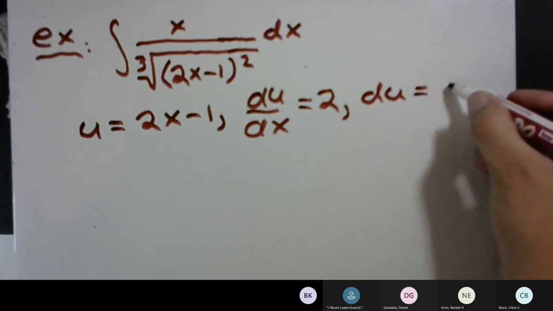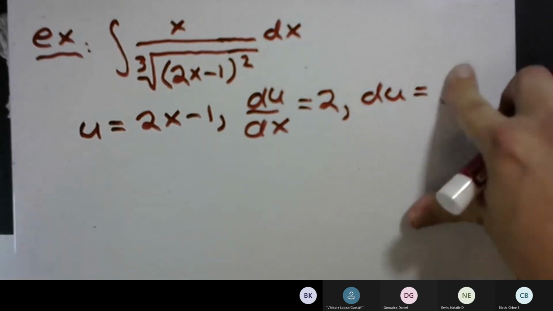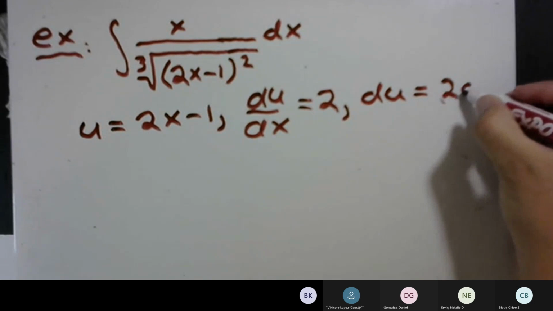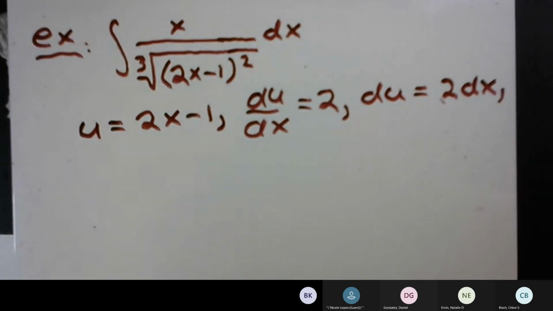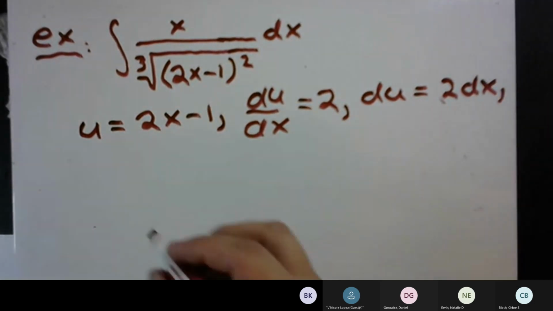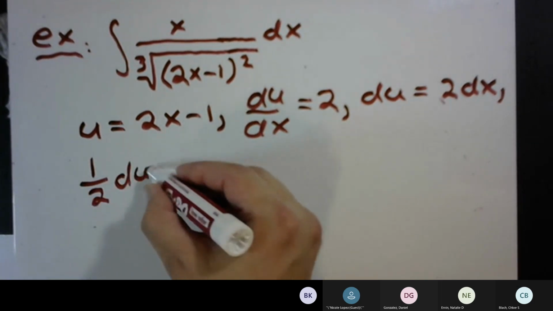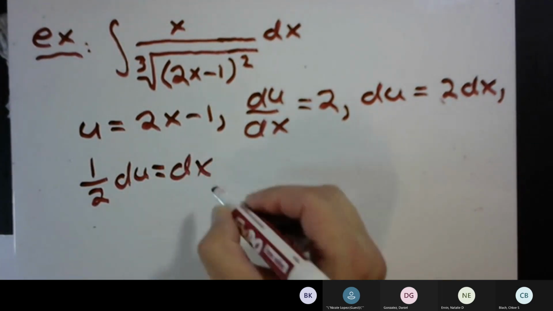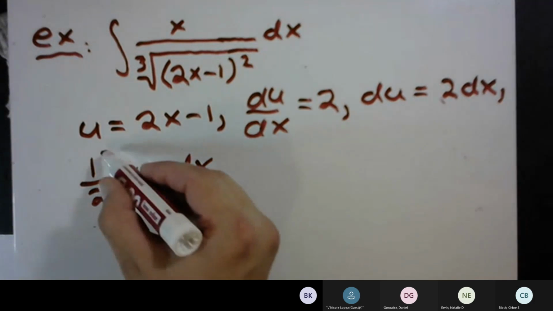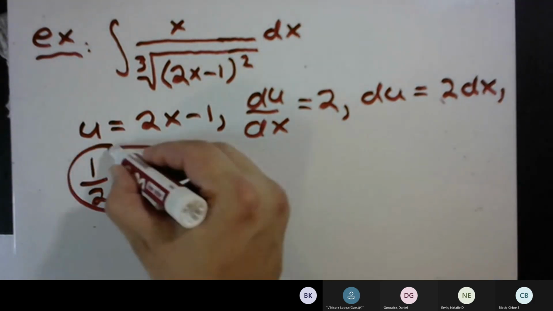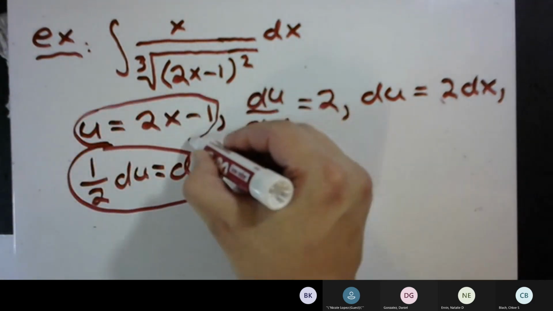So du equals 2dx. And we're just going to send the constant with the du. That's okay. DUs can show up with a constant. But to be honest, this doesn't look promising.